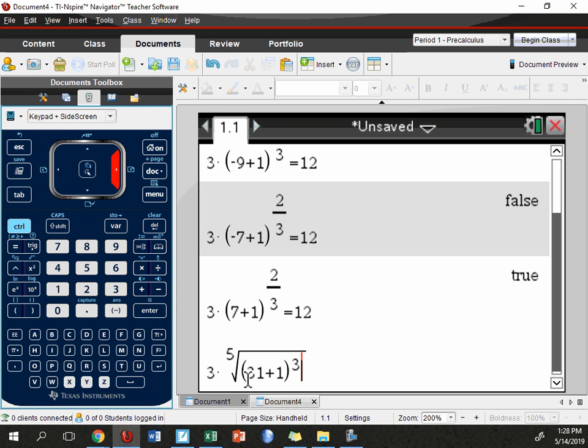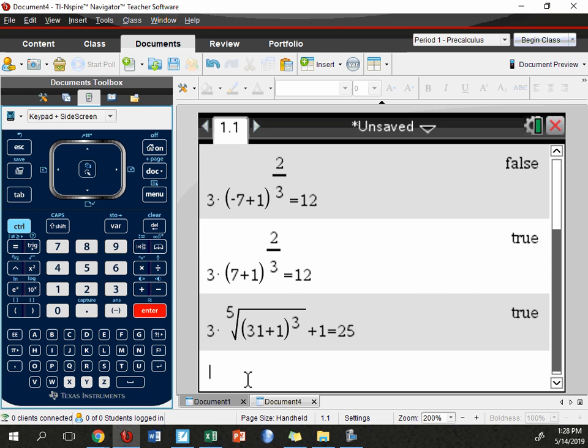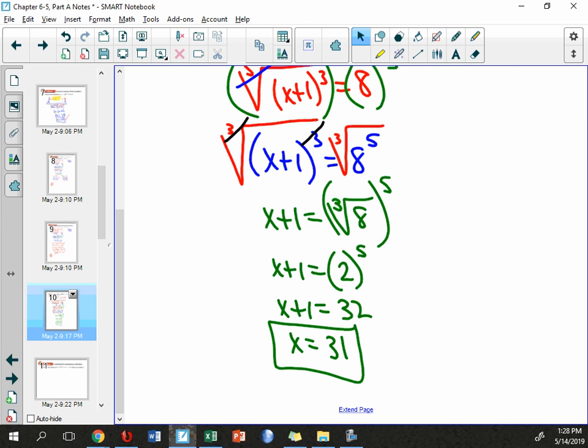Plus 1 equals 25. And hit enter. And what does it tell you? True. So therefore, what can we conclude? That x equals 31 is an answer that gives a true outcome. Do we all understand that?